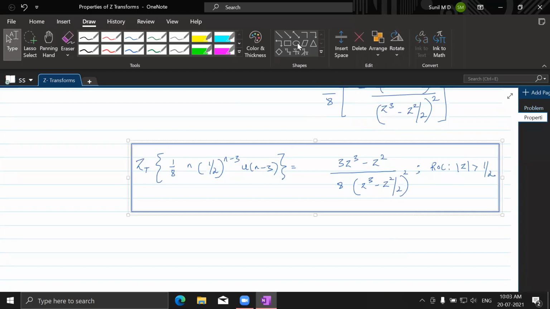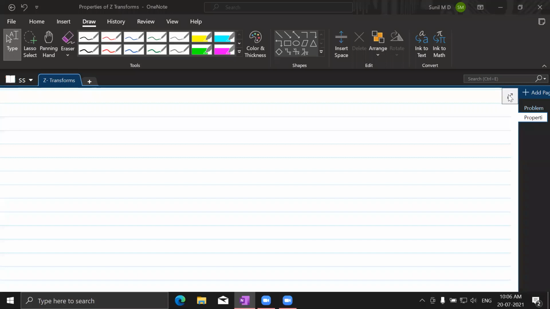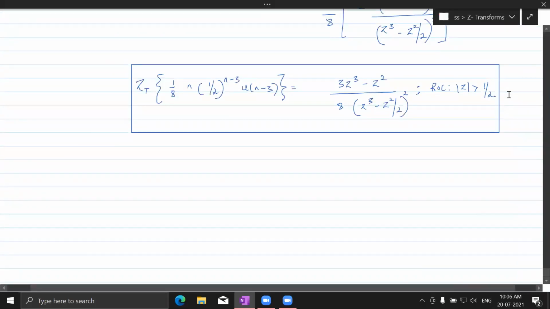Fine, let's take the next problem now. That's problem number 8 for you. What's given is this: x of n is given to be n into sine pi by 2 n, u of minus n.